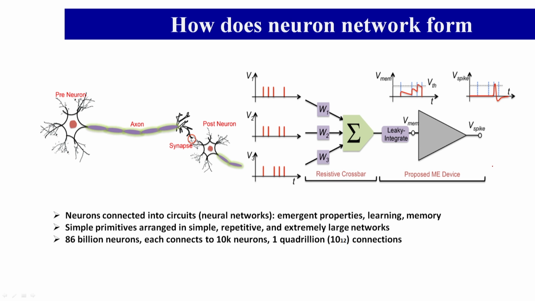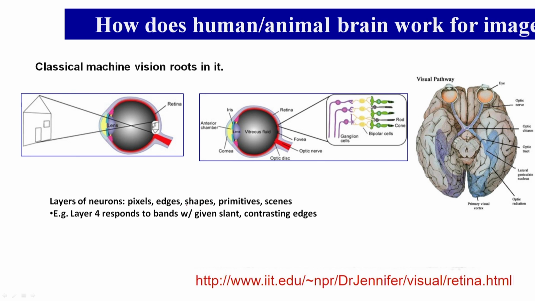This is exactly the same as what we discussed in the last class. This is a neuron; two neurons are shown and they are connected in parallel. As you see here, these are my input values. We have different input values V1, V2, V3, and they are all features. They can be different colors, they can be shapes, they can be attributes, that is what we discussed, right. The shapes, edges, pixels, primitives and scenes are the layers of neurons, correct.